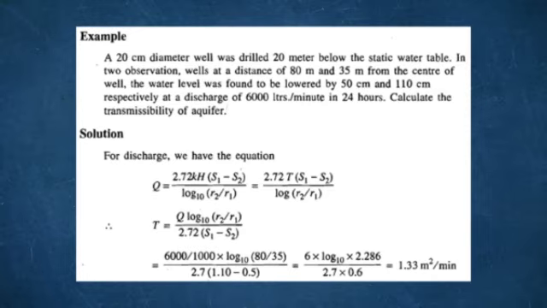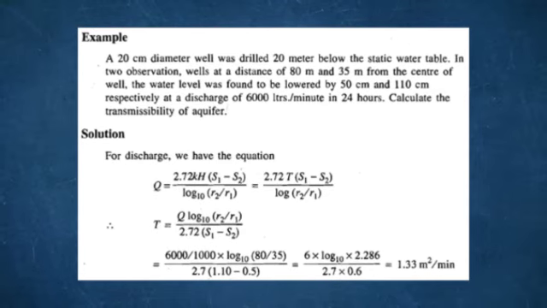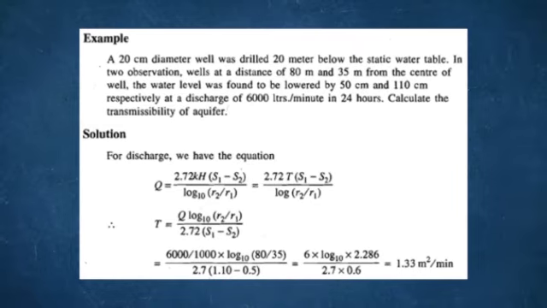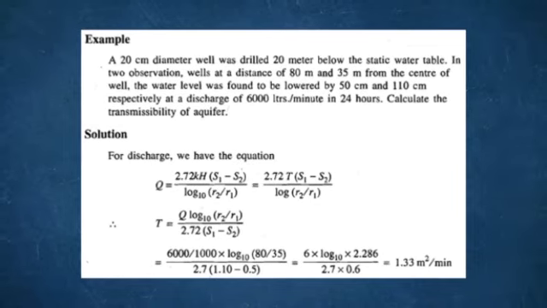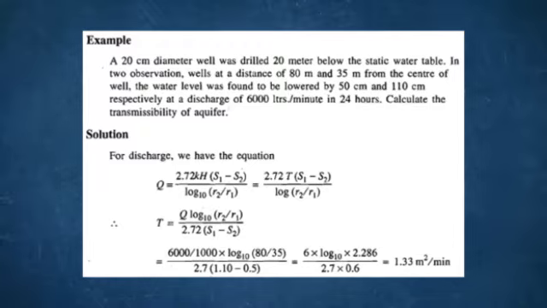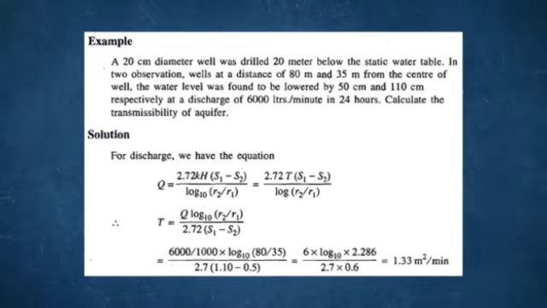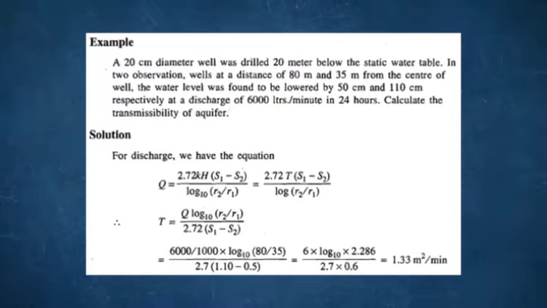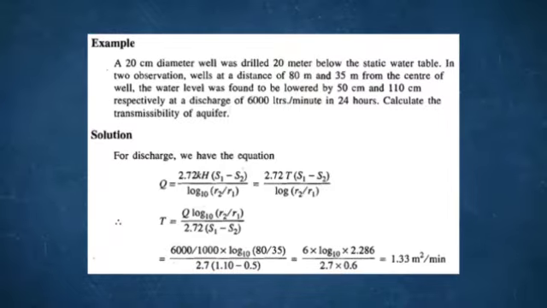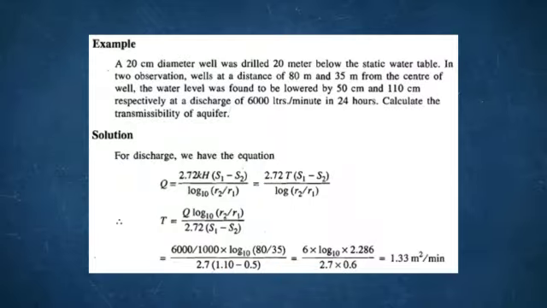R2 is given as 80 and R1 is 35, divided by 2.72 into S1, the value 1.1 meter or 110 centimeter, and in place of S2 the value 0.5 meter or 50 centimeter. Simplify this calculation. So the value of T is 1.33 meter square per minute.